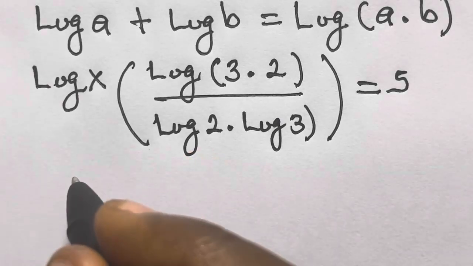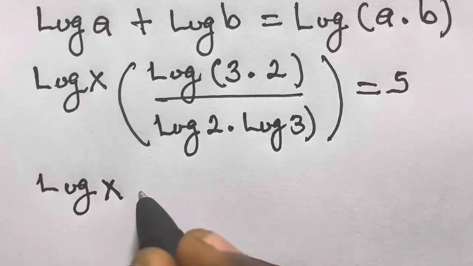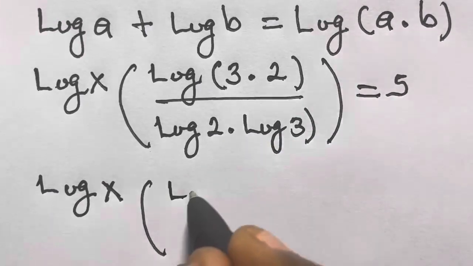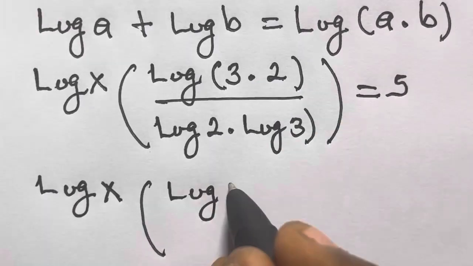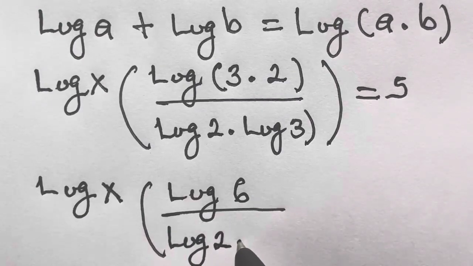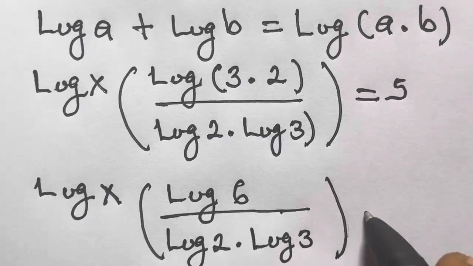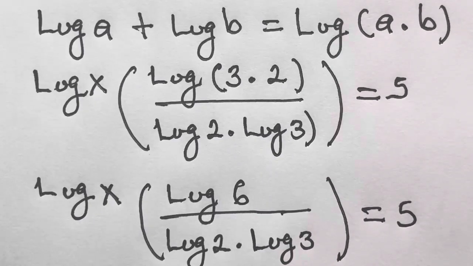So we have log x times log of 3 times 2, which is log 6, divided by log 2 multiplied by log 3, equals 5.